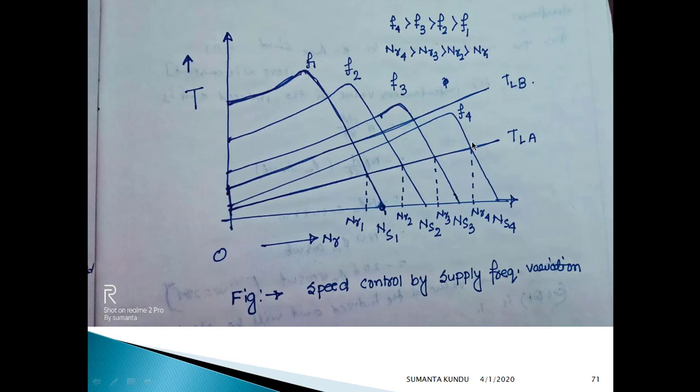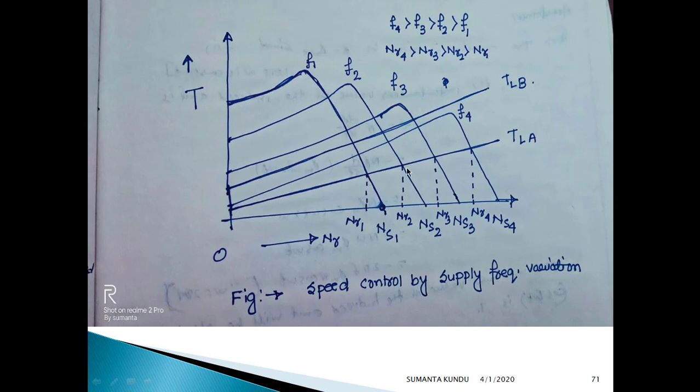From here we can see that as the frequency increases from f1 to f4, the intersection point of the load torque graph with the corresponding torque speed characteristics shifts to higher speed. So for f1 this is nr1.